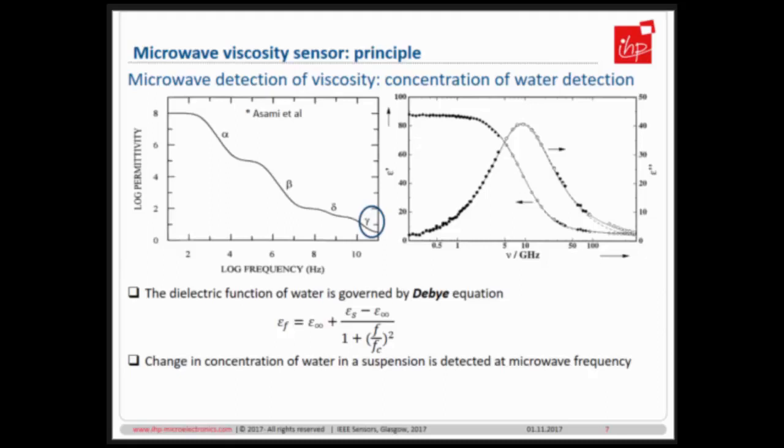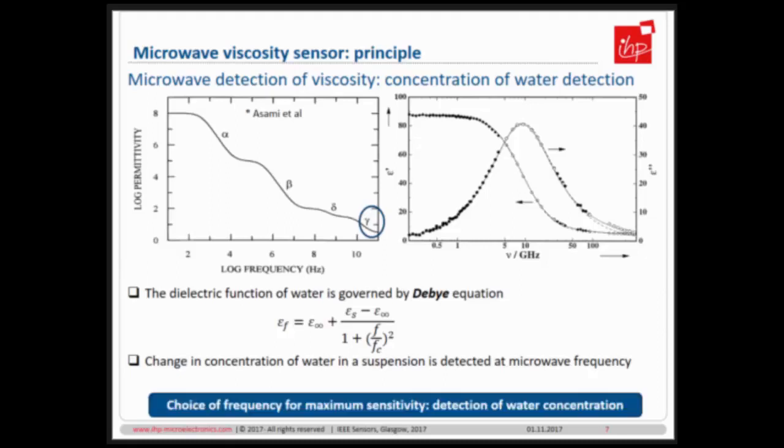It is given by a standard Debye equation for this kind of material, where you have a characteristic frequency, and your overall permittivity is defined by the frequency at which you're operating your sensor. The operating frequency of the sensor will also define the sensitivity. So we need to determine the operating frequency where we can detect the change in concentration of water very accurately.